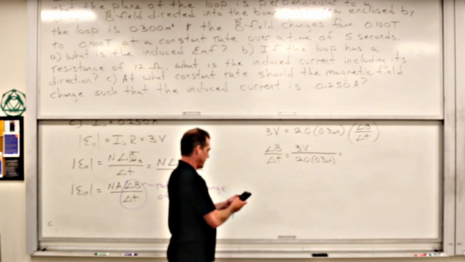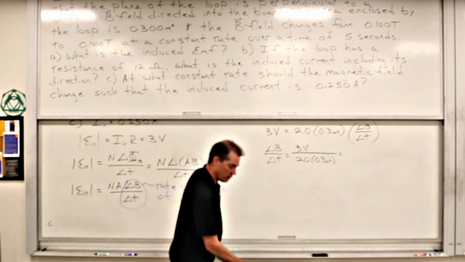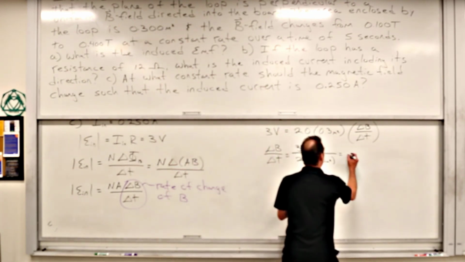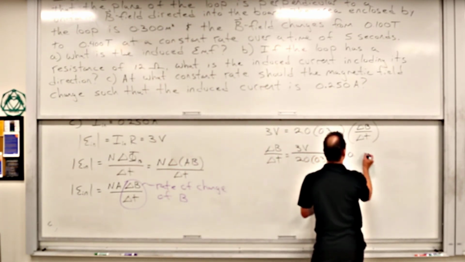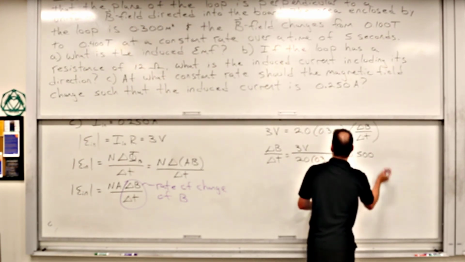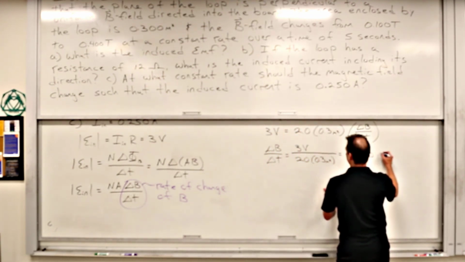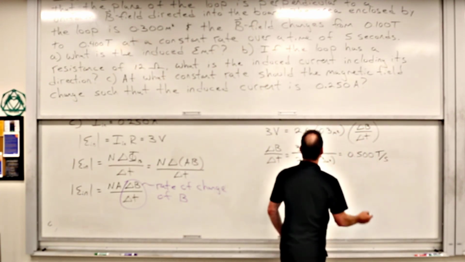So we get out of this, 3 divided by that, ourselves 0.500. It says volts per meter squared, but this is actually equivalent to Tesla per second.